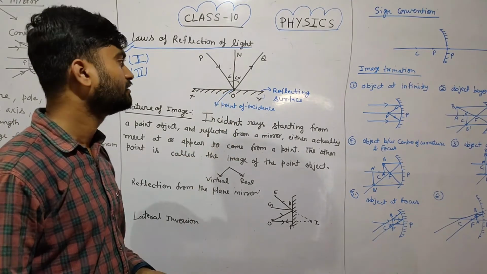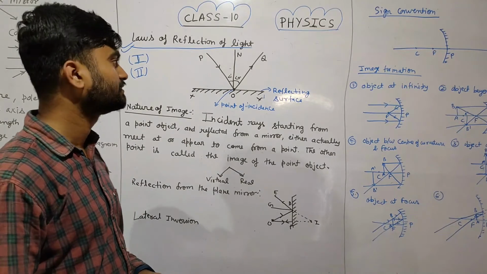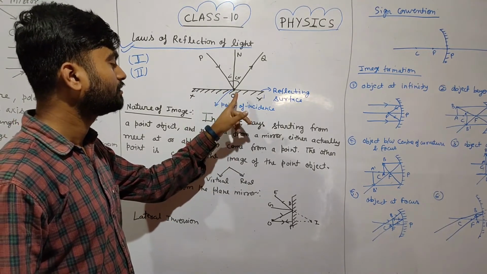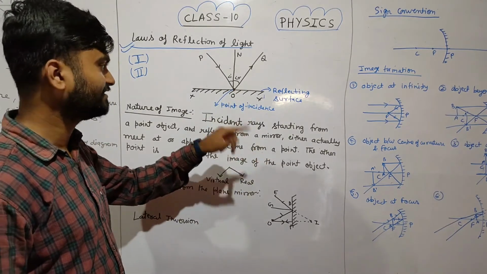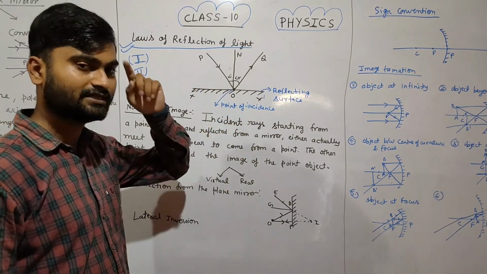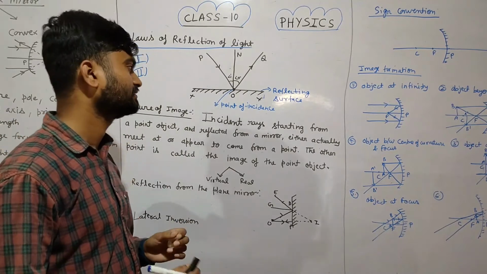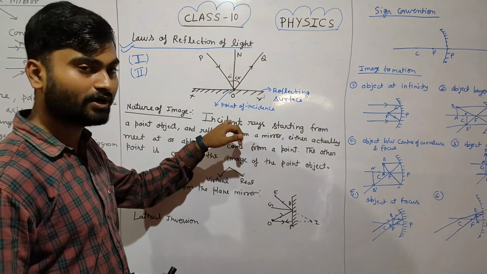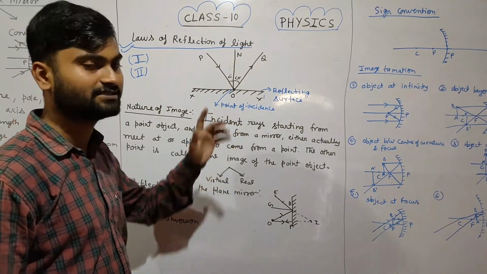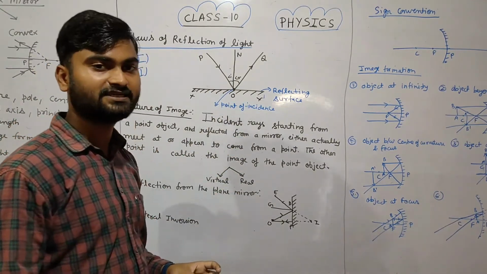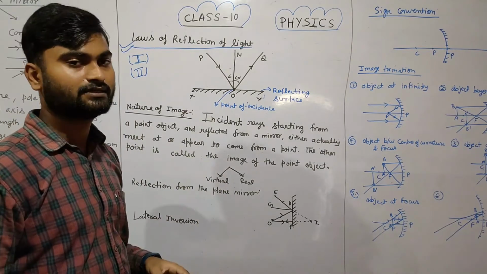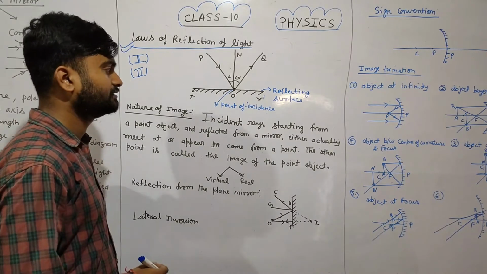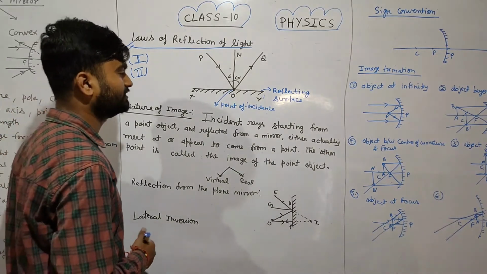It is the point on the reflecting surface at which the incident ray strikes. That point is known as the point of incidence.